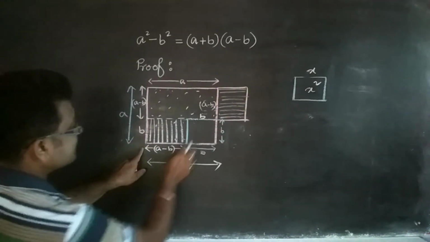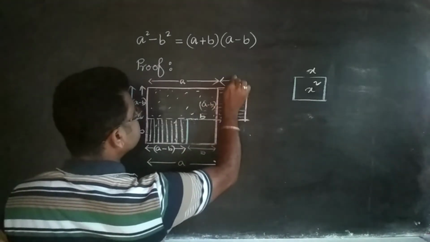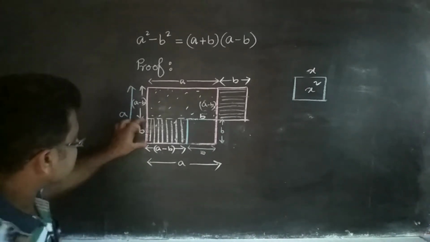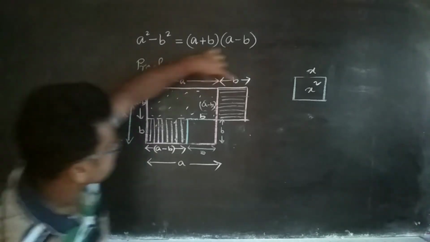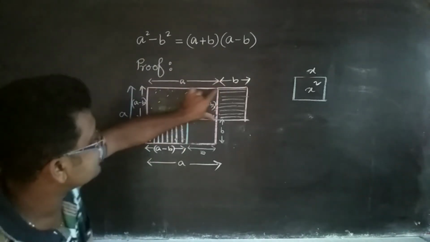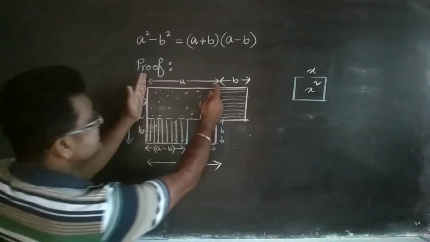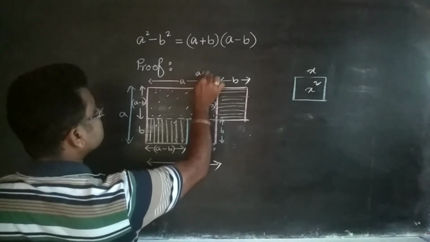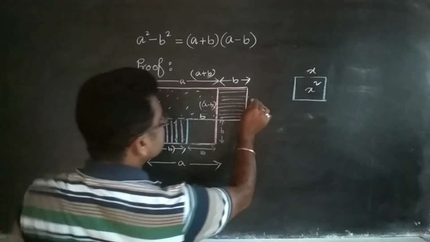Just see, this is a minus b, this part is a minus b, this is b, you write here b. I hope it is clear. This block I have shifted here in such a way that this equals this and this part equals this part. Now if you see this figure here, this is a, this is b, the whole thing will be a plus b. And this part already you know, a minus b, so this also will be a minus b.